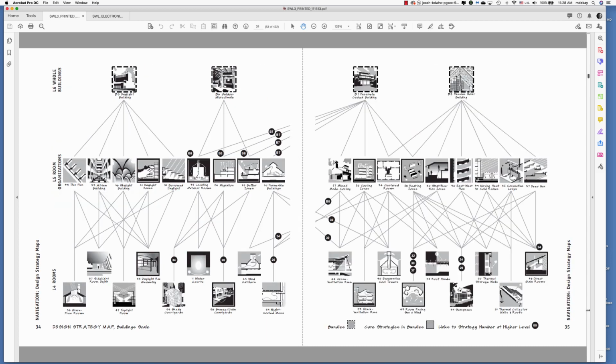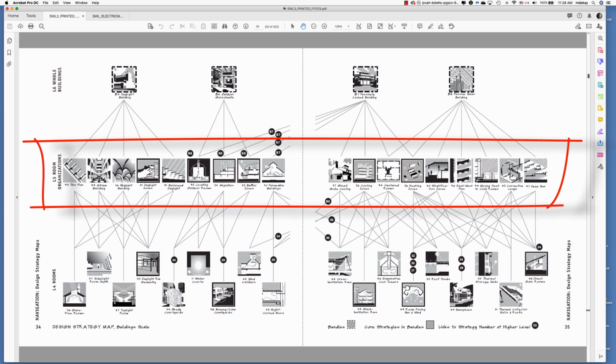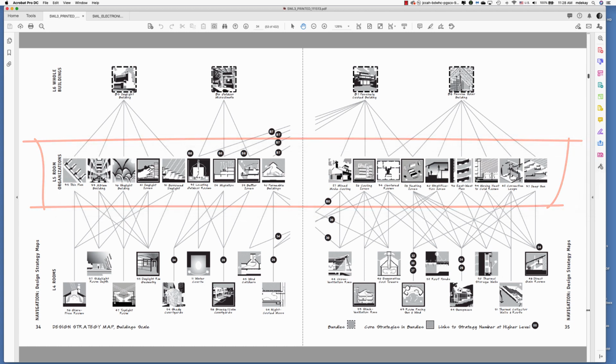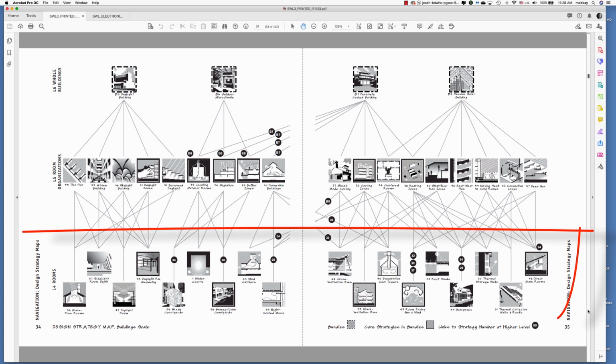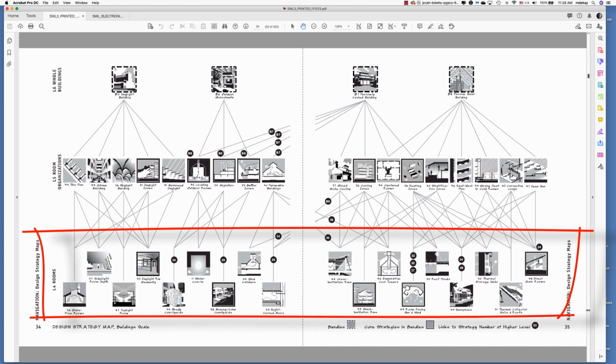So we can move down to whole buildings, room organizations, and rooms. Here's an example where room organizations, you could think about those as plans and sections. Multiple room organization patterns come together to make a pattern at the whole building scale. In that case, we're up to level 6, we bump up to the bundles. If we go down from level 5 to the room scale, there are more rooms than room organizations.